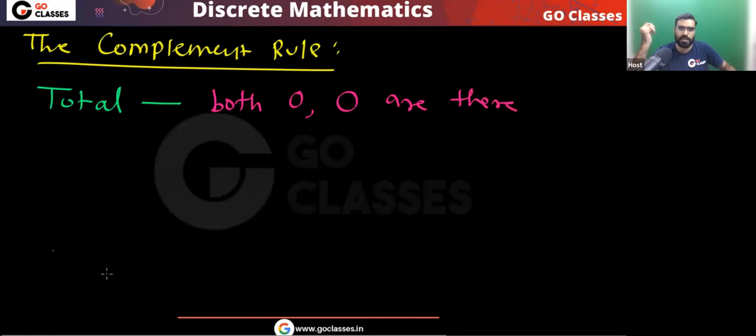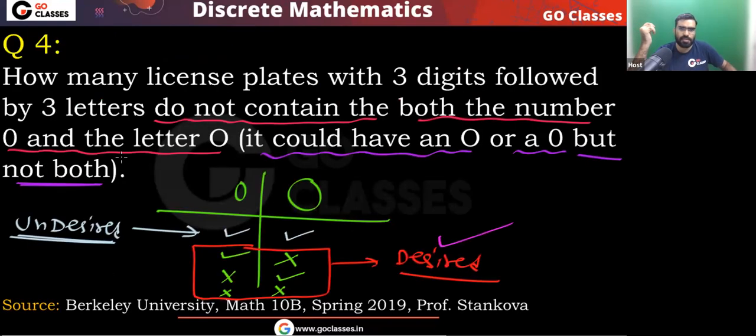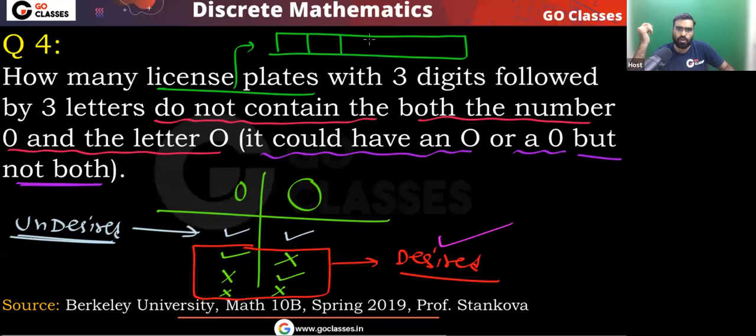Because the question is saying that you want a license plate with three digits followed by three letters.